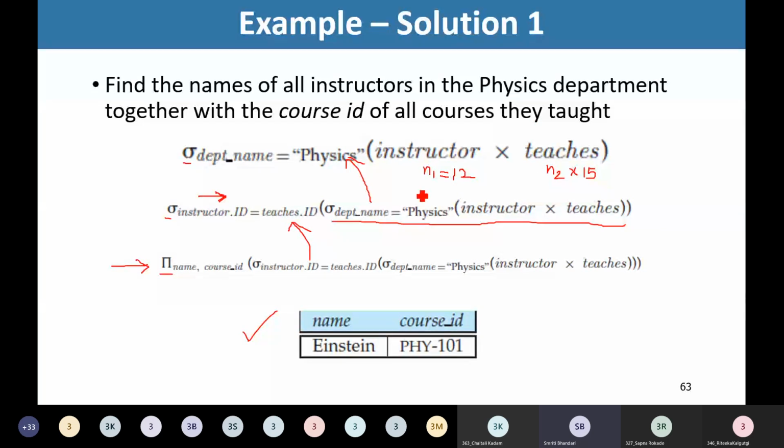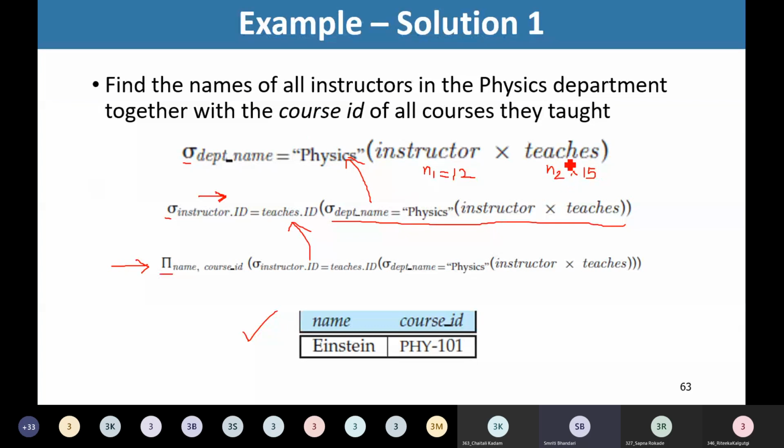And on this relation with 180 tuples, we impose the condition department name equal to physics. So if I have 2 instructors in the physics department, then I will be able to filter out those tuples.